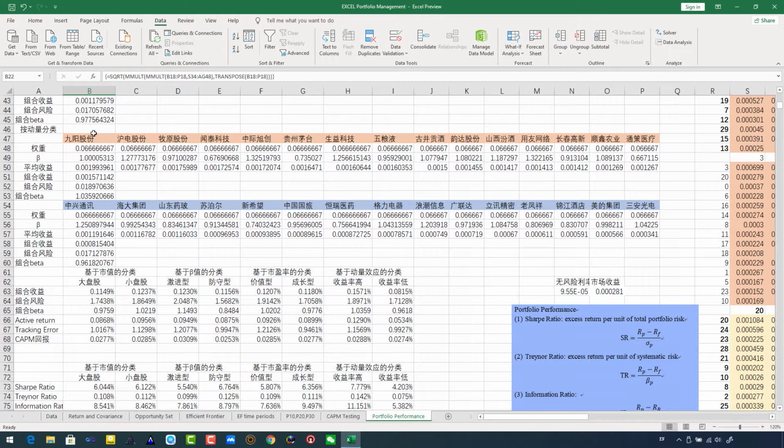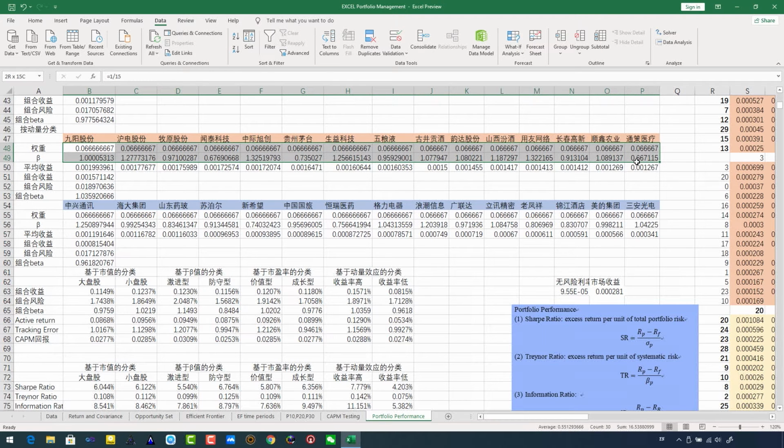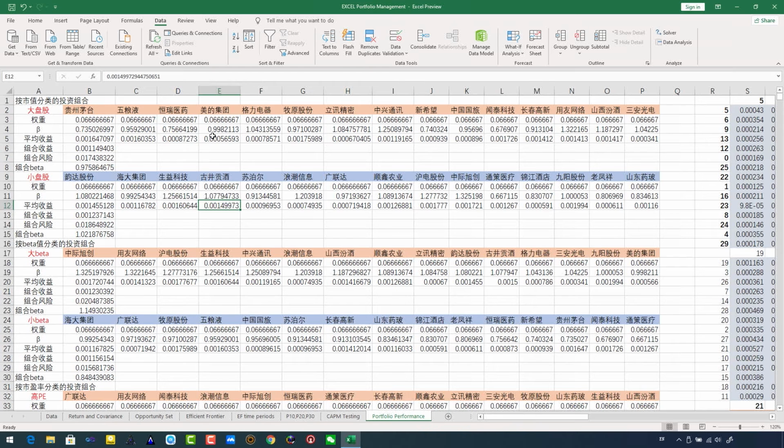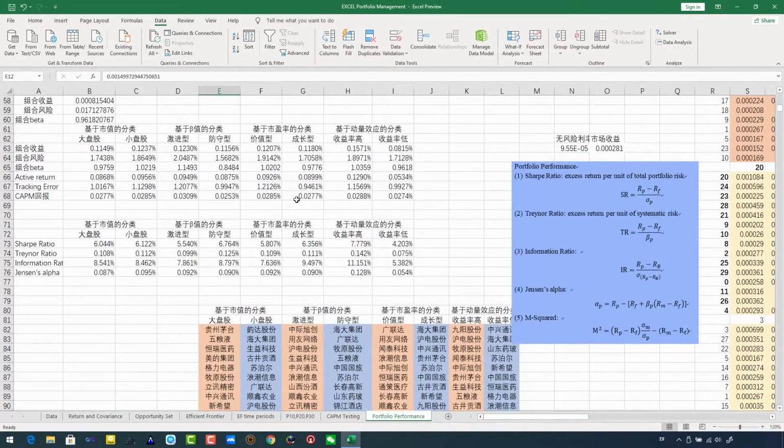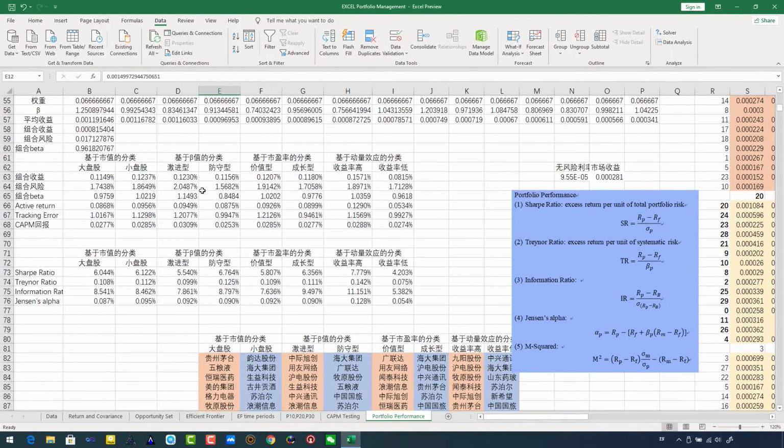So this group, we have the stocks for the momentum, which last year continued to earn money, and the top 15 we have this group, and the last 15 stocks we have the other group. So based on momentum, we have these two groups. So after I have separated the stocks and constructed our portfolios based on different criteria, we need to compare the results for our portfolios. So let's have a look.